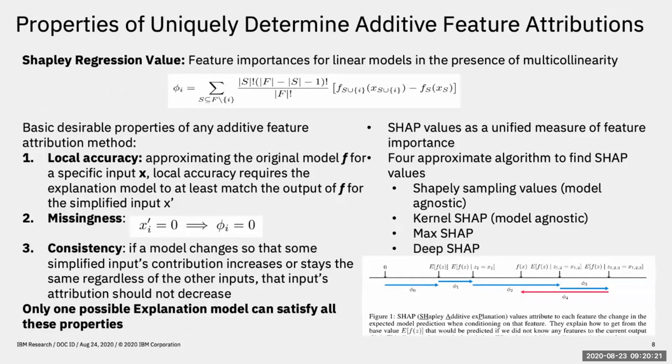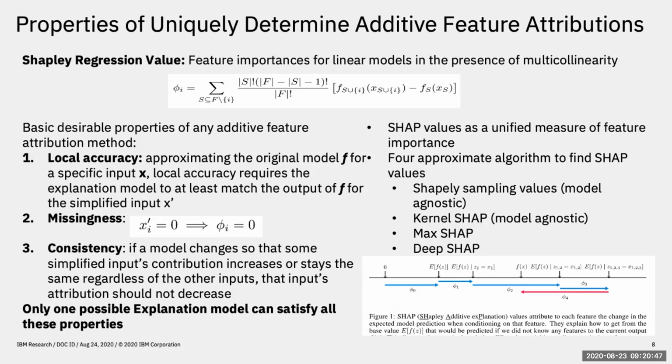So once all the local linear explainable models can be cast in this generic framework, as a next step, they wanted to show what are the basic properties of these local linear models that they should satisfy to have a unique solution.